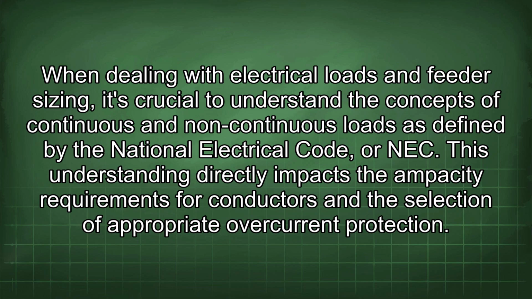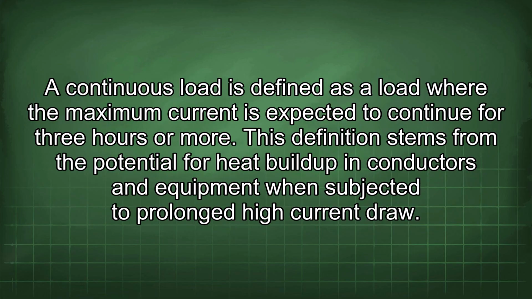When dealing with electrical loads and feeder sizing, it's crucial to understand the concepts of continuous and non-continuous loads as defined by the National Electrical Code, or NEC. This understanding directly impacts the ampacity requirements for conductors and the selection of appropriate overcurrent protection. A continuous load is defined as a load where the maximum current is expected to continue for 3 hours or more.